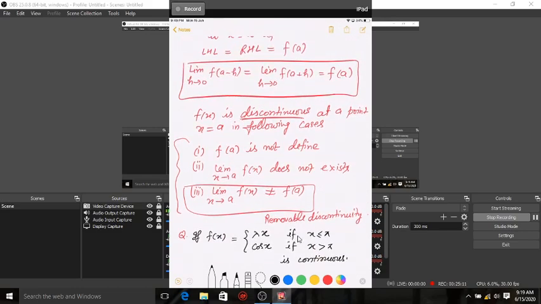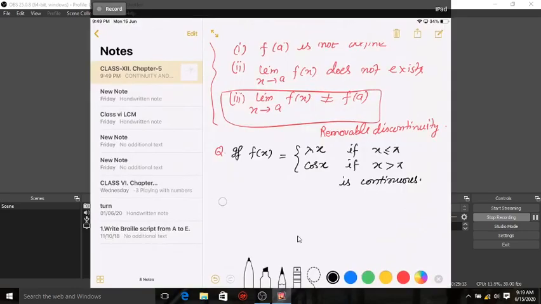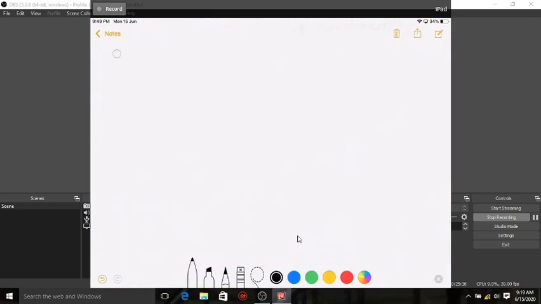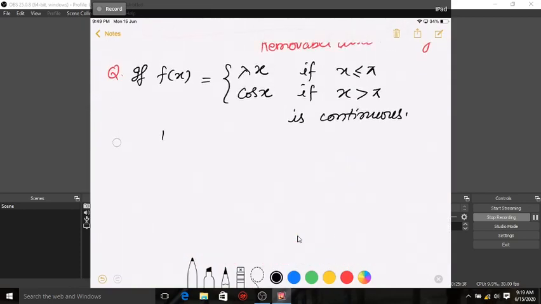Problem is this. Find the value of lambda. You see the solution. This question was asked in this year 2020, 1 mark question.